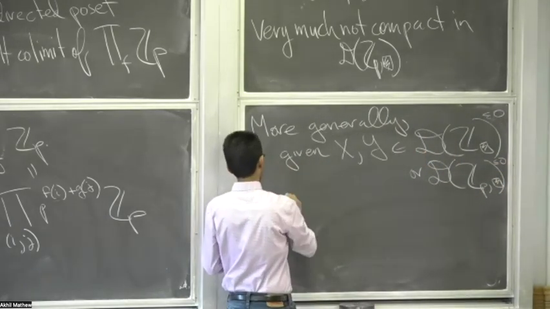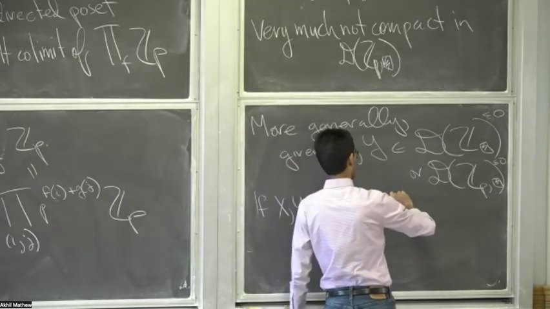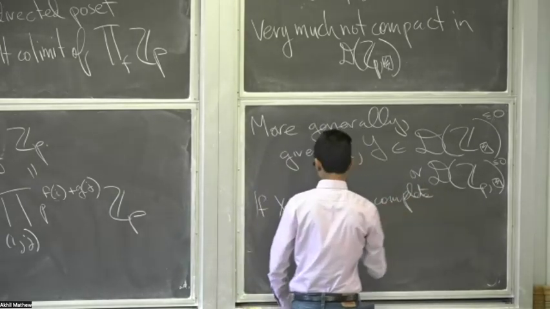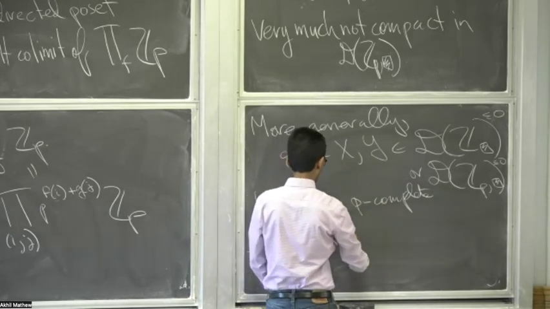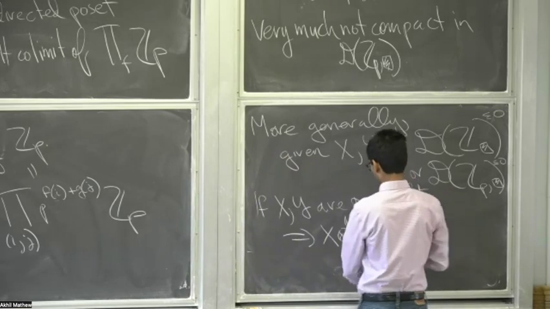If x and y are p-complete, then the derived solid tensor product is also p-complete.